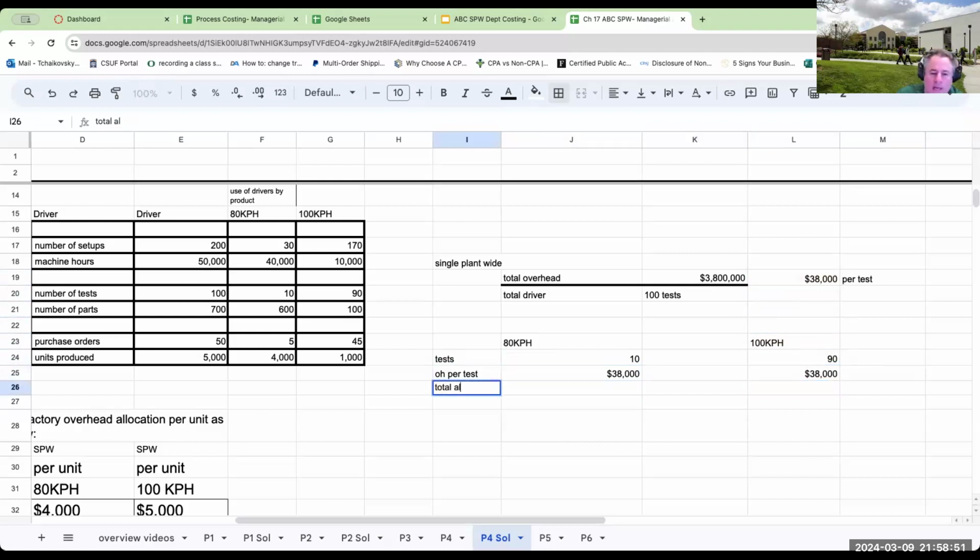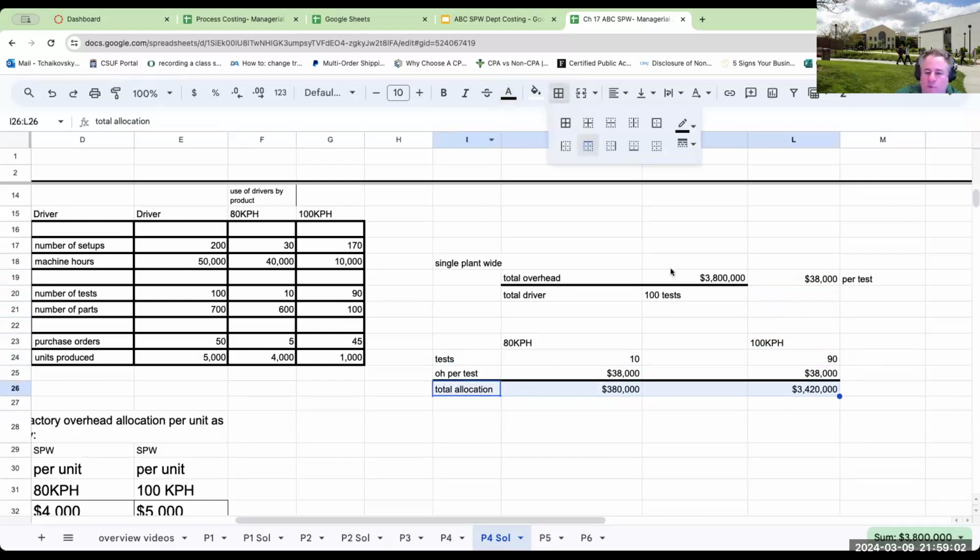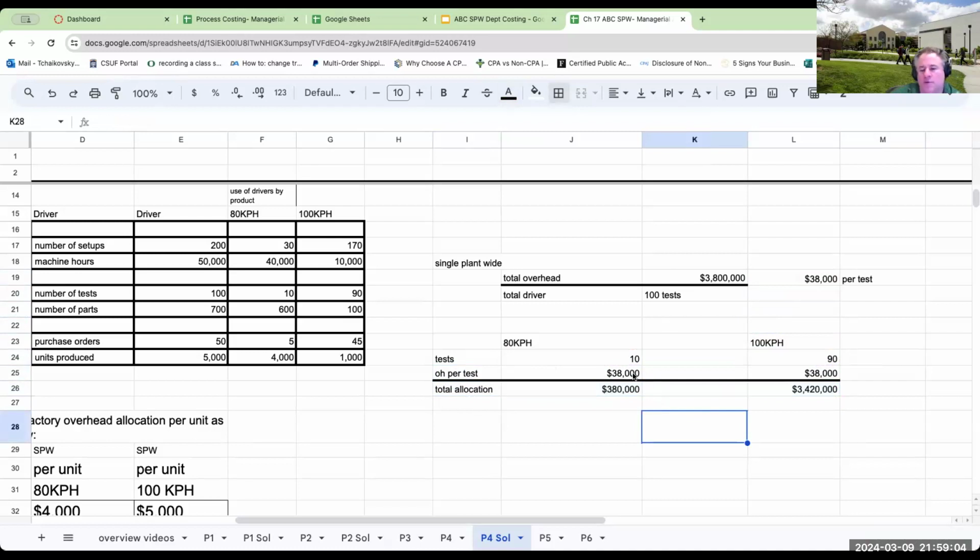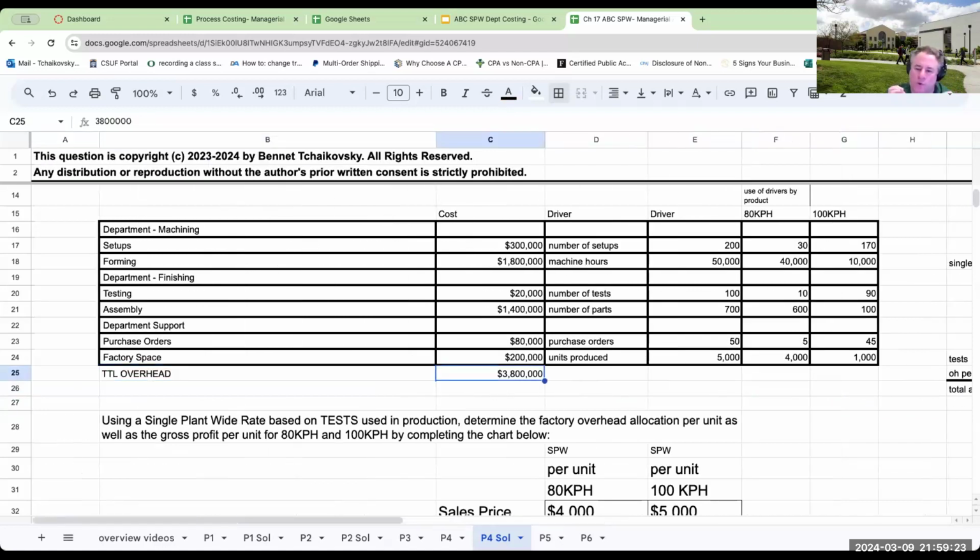My total allocation is going to be 10 times 38,000, or 380,000, and 90 times 38,000, or 3,420,000. So I'm allocating 380,000 to the 80 and 3,420,000 to the 100. How do I know if this is correct? I add up the 80 plus the 100, and I get 3.8 million, which is my total overhead.